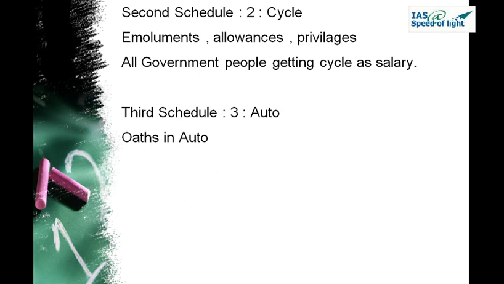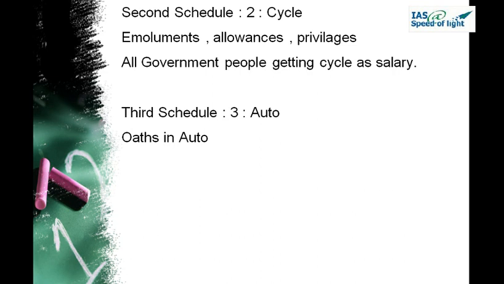Okay, starting from president, governors, speakers, members of parliament, judges, chairman, deputy chairmans, speakers, deputy speakers. So second schedule deals with the salaries, allowances, privileges, okay. So what they're getting in salary, it is cycle.